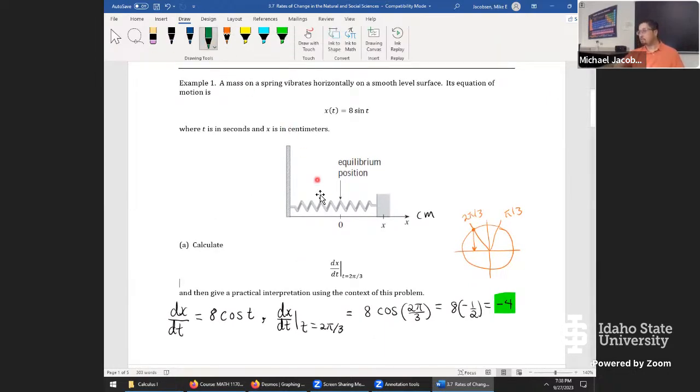The unit of x was centimeters, so -4 centimeters per, the unit in the denominator, time measured in seconds. So I'll write centimeters per second. The per I just wrote as a fraction bar. So that's the velocity of the object at time 2 pi over 3. Any questions, folks, with that so far?